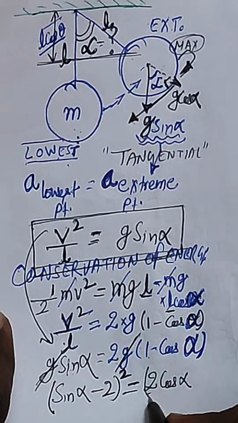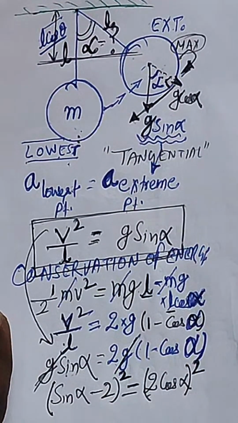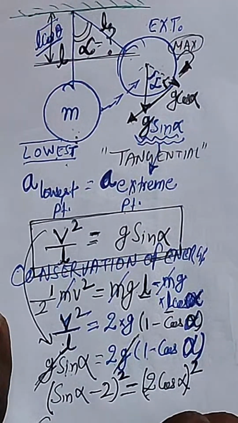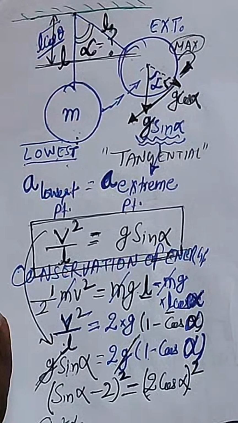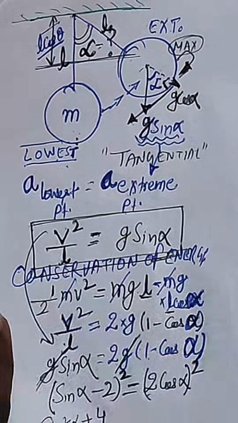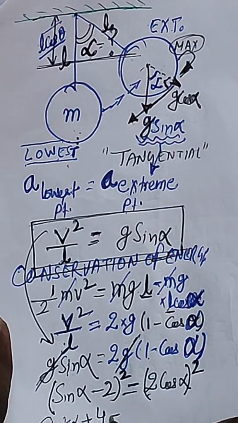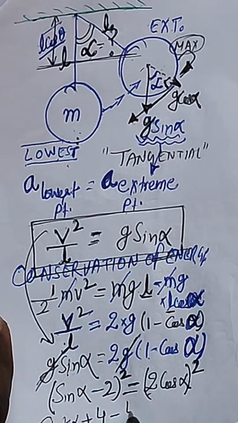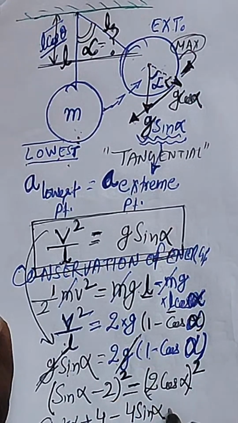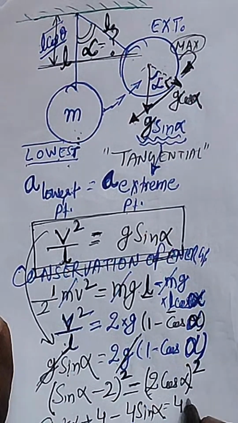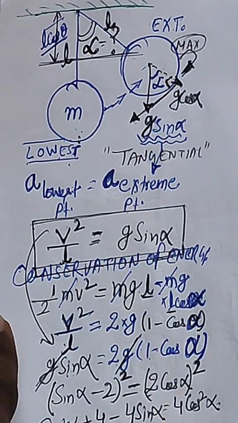And when you square the LHS and RHS, you will get sin square alpha plus 4 minus 4 sin alpha is equal to 4 cos square alpha, right?